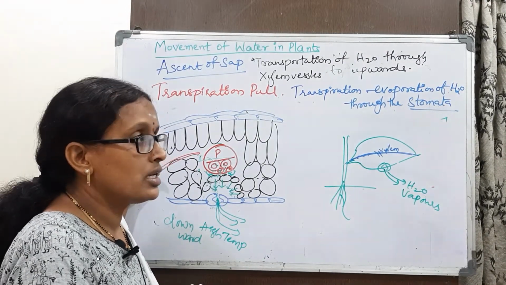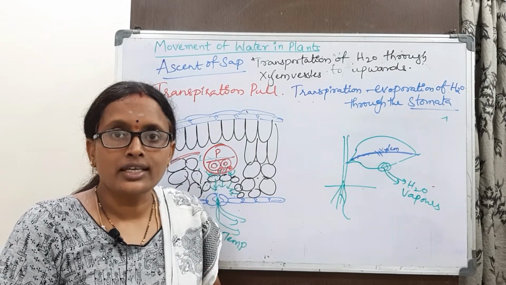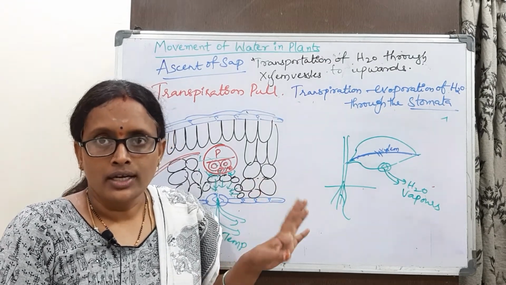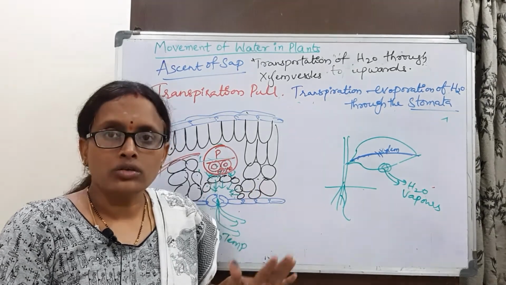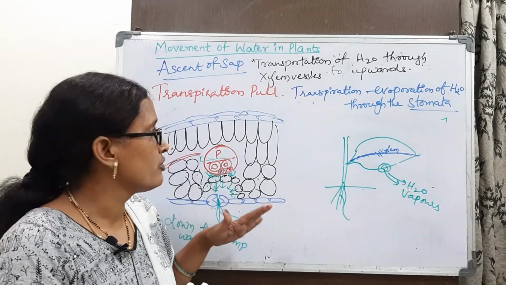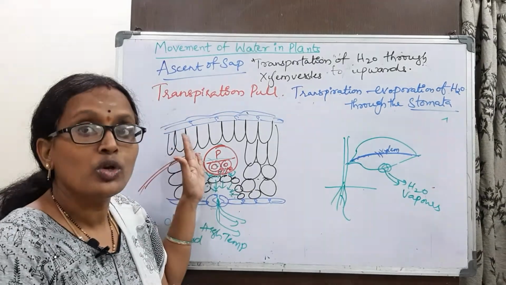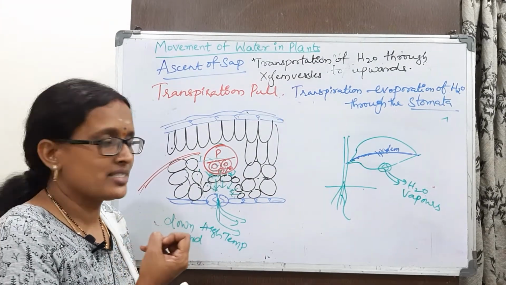In small plants, root pressure is enough to push the water. But in tall plants, along with root pressure, another force is required, that is transpiration pull. With that, a suction pressure is created.